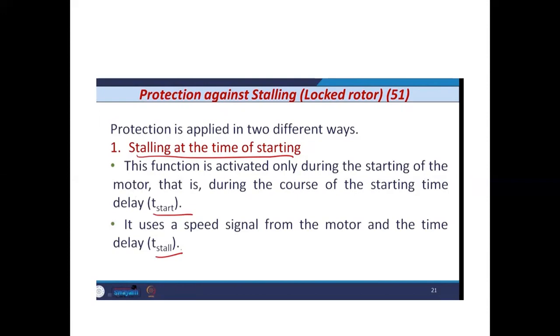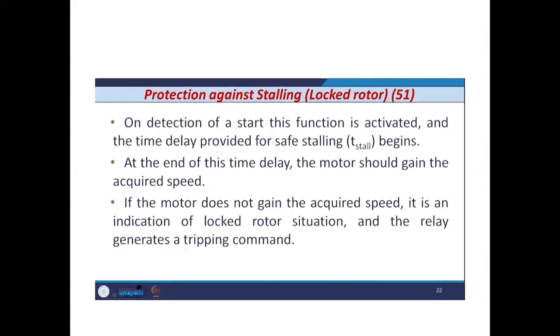T stall is the stalling time that is specified by the manufacturer of the induction motor. On detection of the start, this function is activated, and the time delay provided for the safe stalling time, T stall, begins. At the end of this time delay, the motor should gain the required speed.